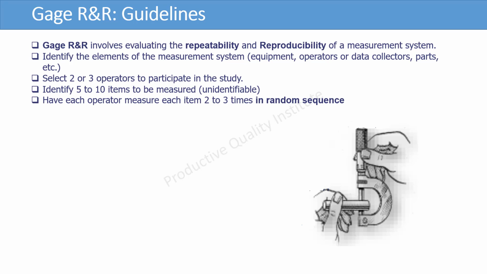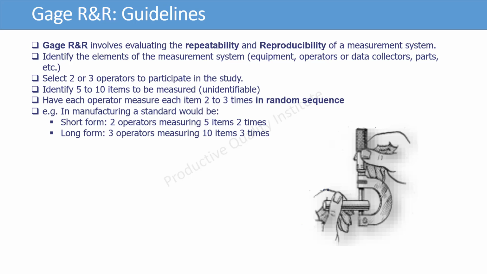Have each operator measure each item 2 to 3 times in random sequence. For example, in manufacturing, a standard would be short form, 2 operators measuring 5 items 2 times; long form, 3 operators measuring 10 items 3 times.